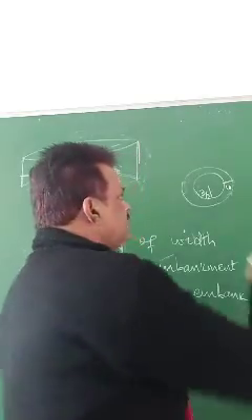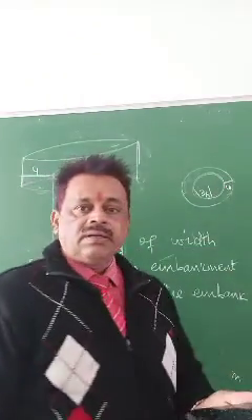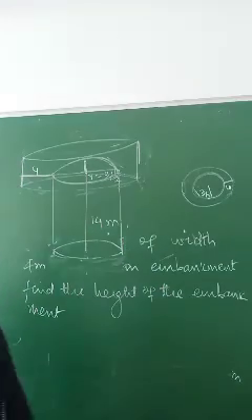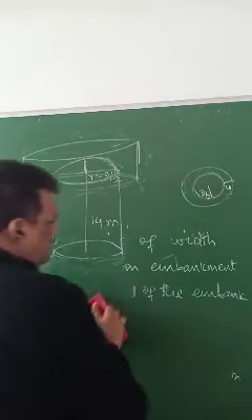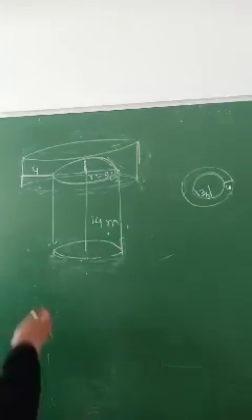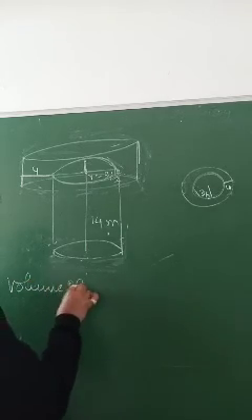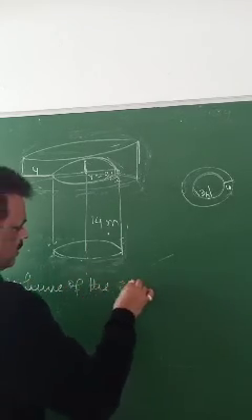So height means it will be a ring type. What is volume of this ring here? So what you have to do here is volume of the earth taken out equals to volume of the embankment.